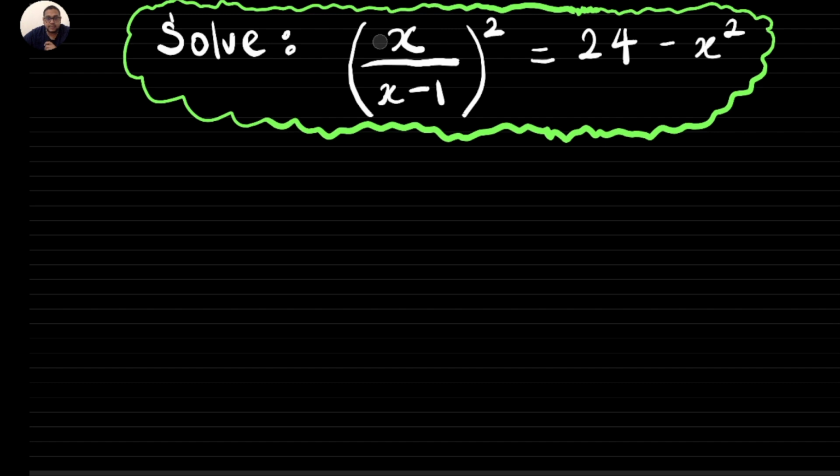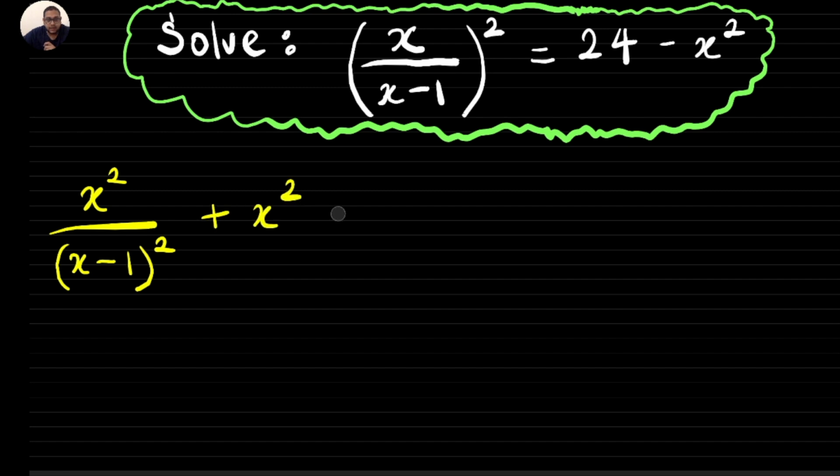Consider the LHS as it is, and I'm going to write it as x squared over (x minus 1) squared. And the negative x squared from the RHS jumps to the LHS, so it would become plus x squared equals 24.